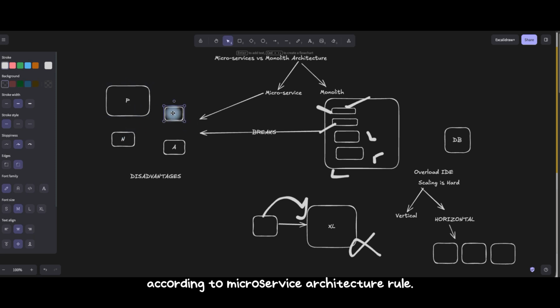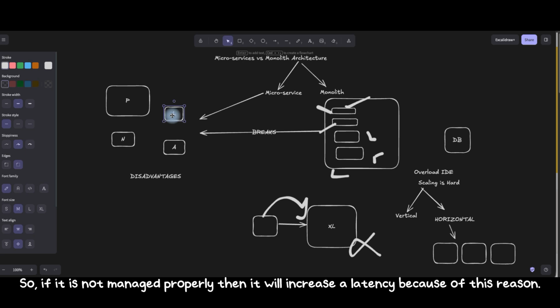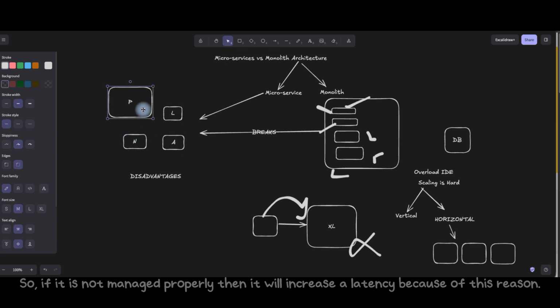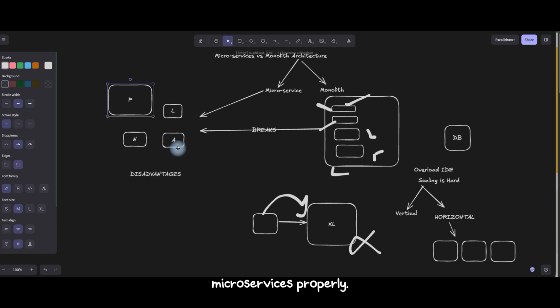Now, according to microservice architecture rules, no service can touch the database of another service. It should always ask the other service for the data instead of directly hitting the database. So if it is not managed properly, it will increase the latency for this reason. Which means latency will increase if we do not decompose the monolith into microservices properly.